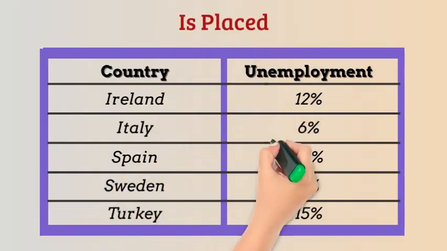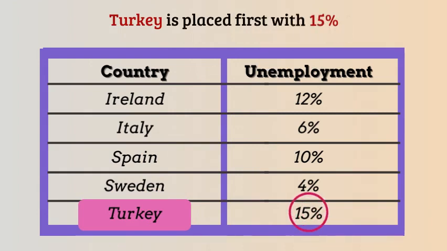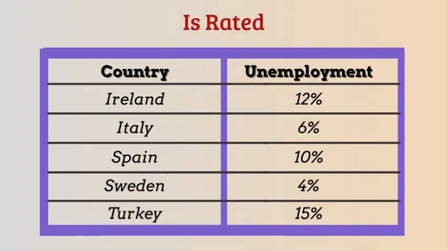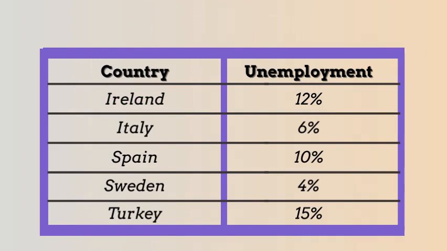Is placed. Turkey is placed first with 15%. Is rated. Ireland is rated second at 12%. Occupy.